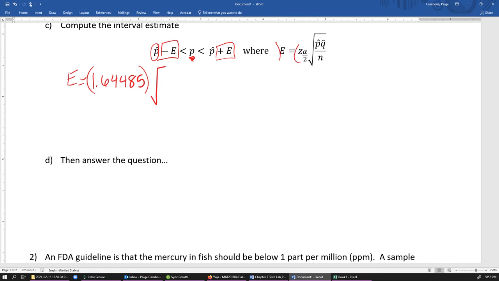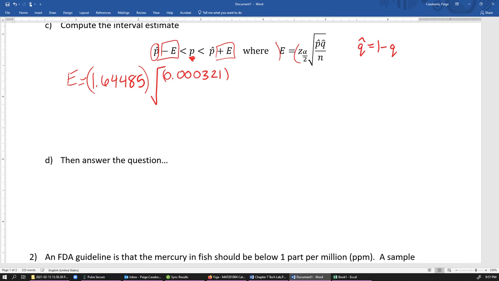And then I'm going to have the square root of p hat times q hat. So p hat we already wrote down. There's my p hat, the sample proportion from the problem. Q hat, this is just like the p and the q from the binomial.